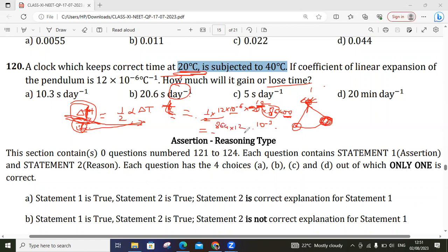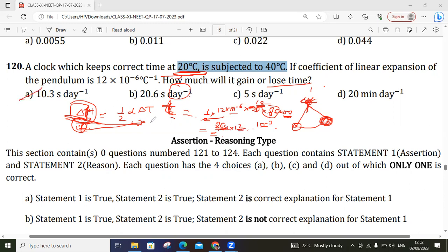Okay, so now what to do? If I take 864 as 800 and take 10, 8,000 into 10 power minus 3, 8 I will get. I have reduced, that's why I got 8.